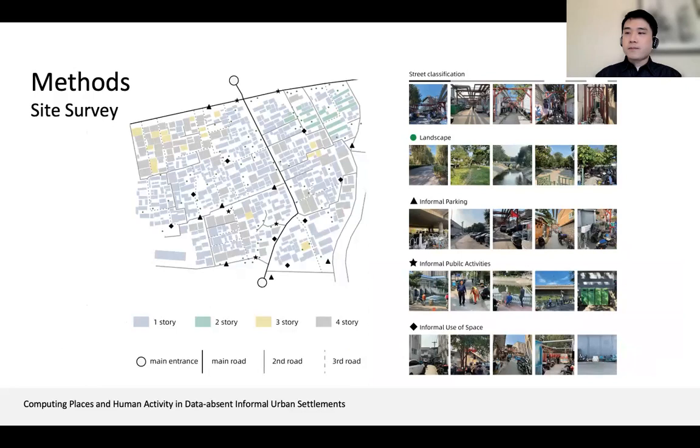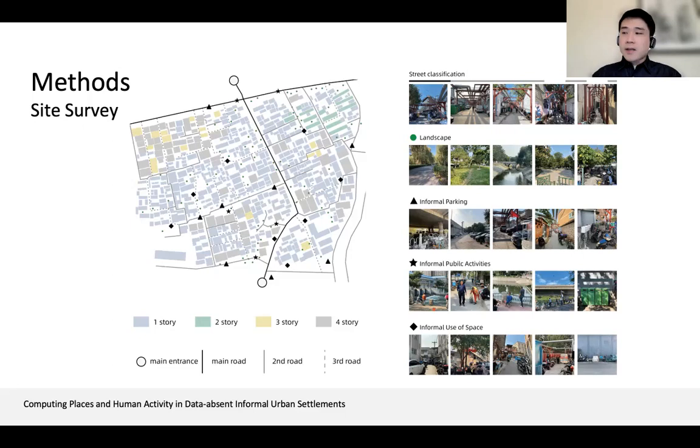So, the site surveying. This slide shows you the site survey process. This process includes walking through all physically accessible road networks to gain a human experience, specifically of the spatial configuration and the streetscape quality.